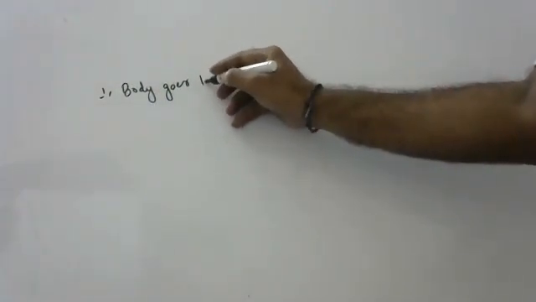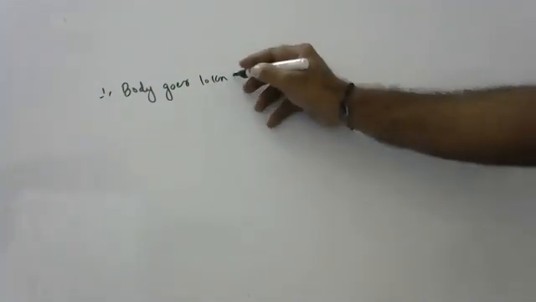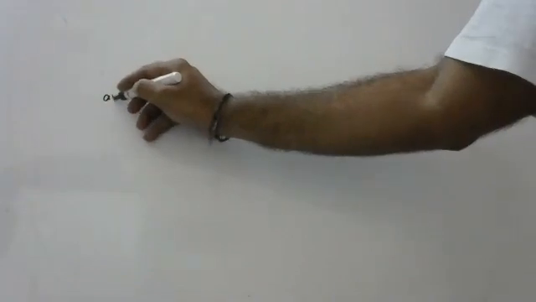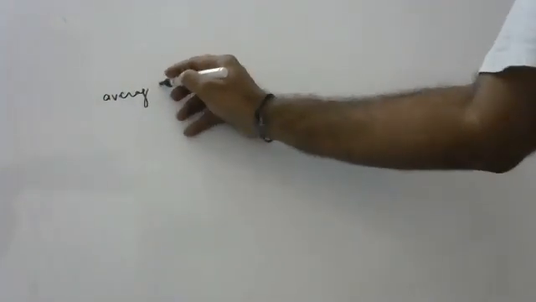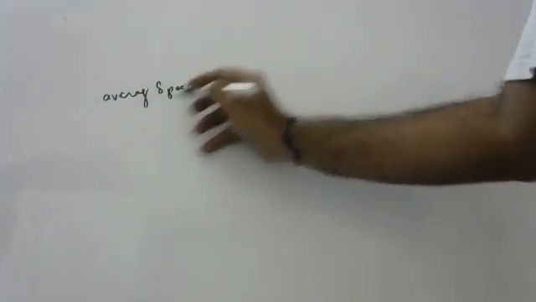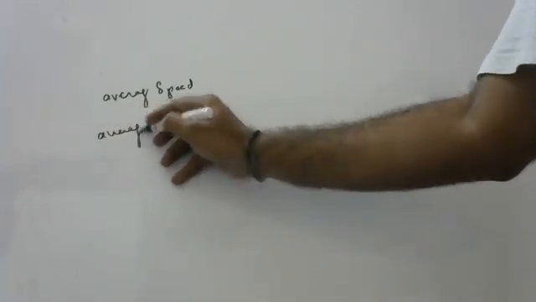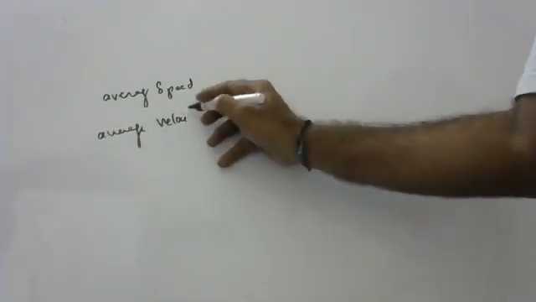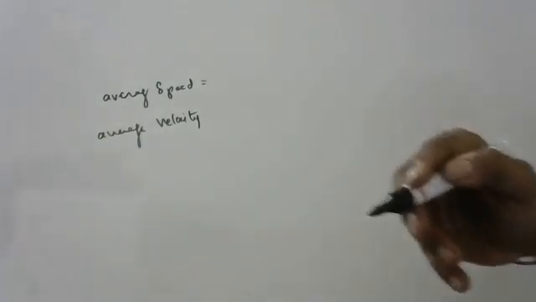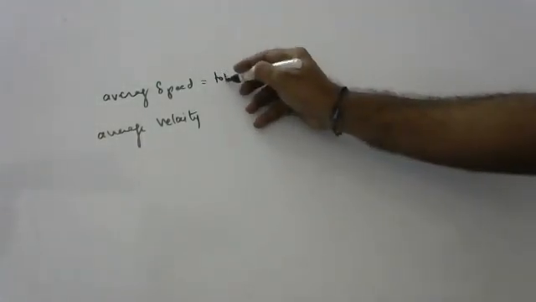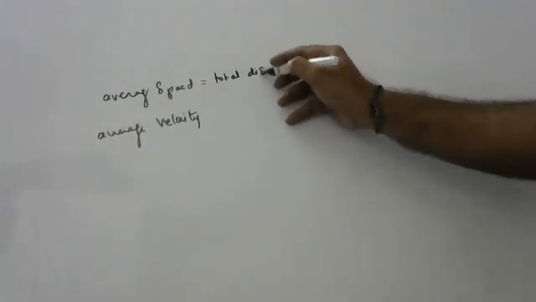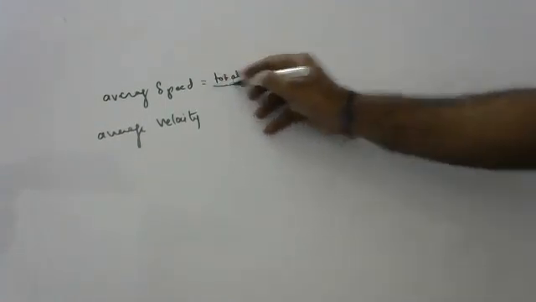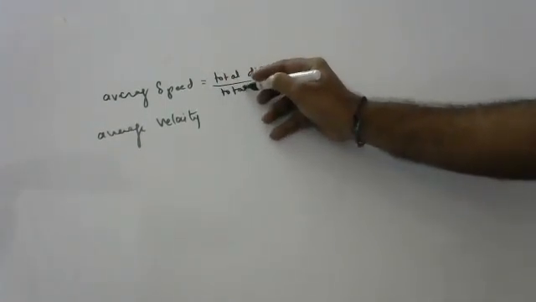A body goes 10 kilometers. Okay, children, before discussing this, I have to discuss what is average speed and what is average velocity. Average speed means the total distance which he covered in the total time interval.